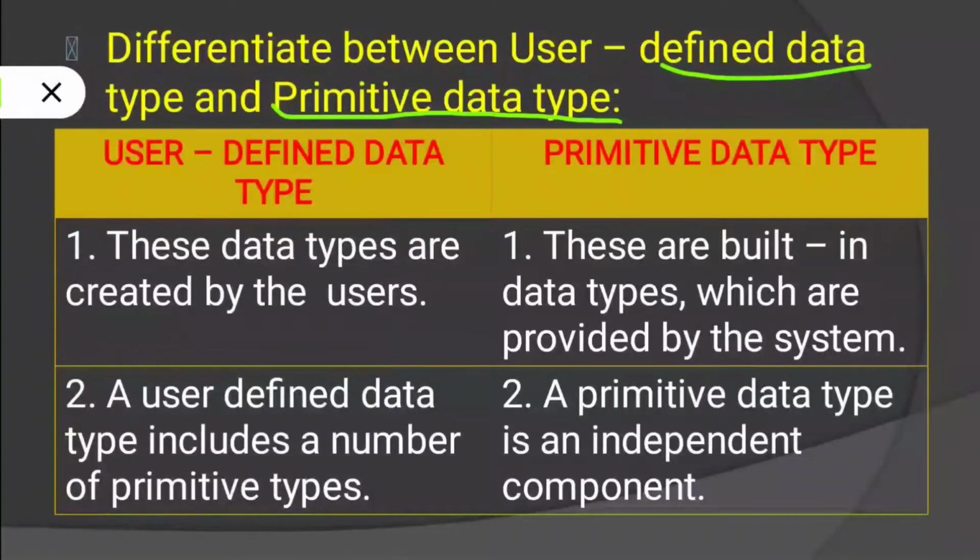We already know it. Second point: a user defined data type includes a number of primitive data types, because we know that a user defined data type always depends on primitive data types. A primitive data type is an independent component because it does not depend on any other type. Understood? That is the difference between user defined data type and primitive data type.